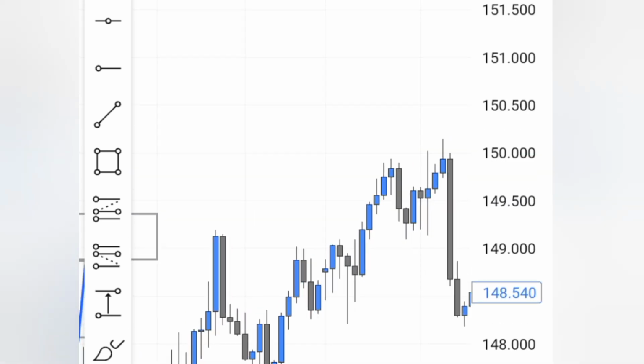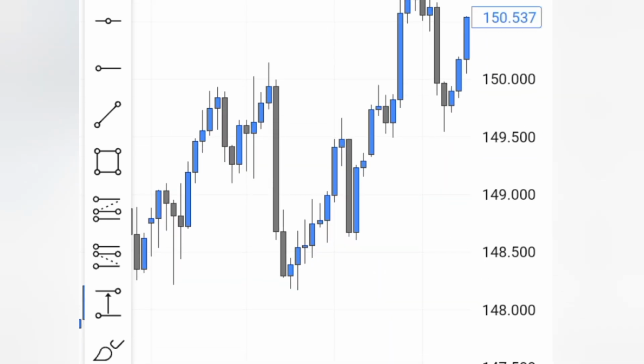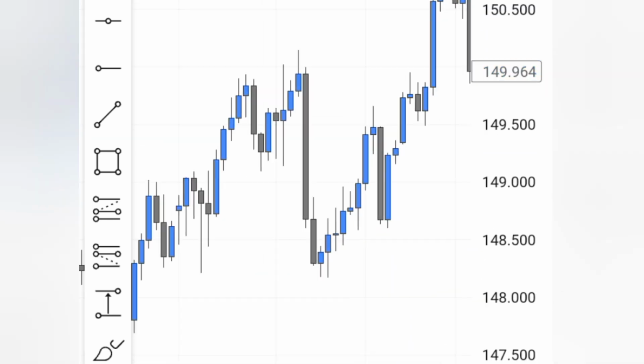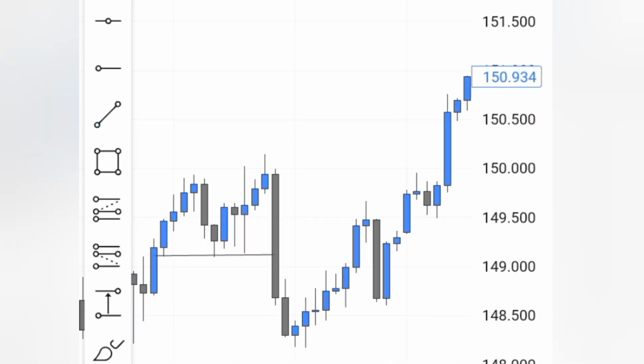So now we are here. Let's go here. Okay, so now there is this one. It made some market structure shift right here, because this was a low right here, meaning it made a market structure shift, leaving a fair value gap right here.